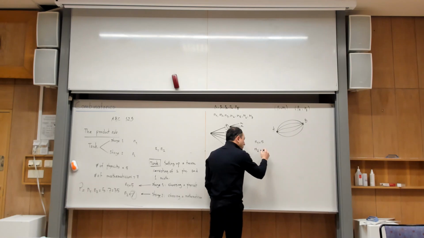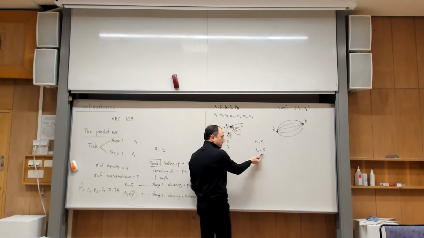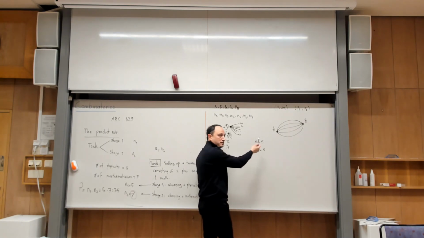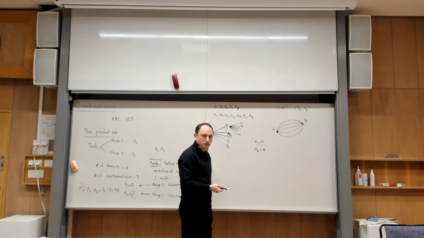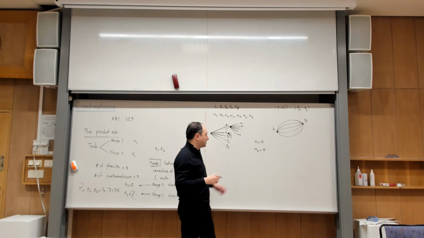But when you want to write this 5, think a little bit. Is this number 5 independent of the road that I have chosen in stage number 1? I'm sorry, I actually confused you.